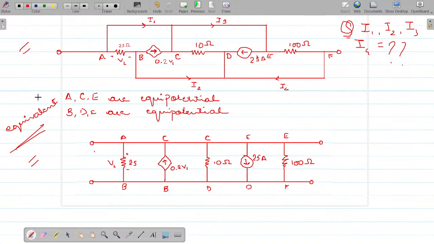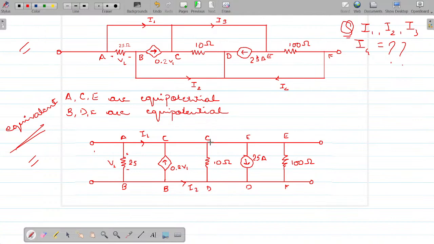Now, what is asked by the question? I1, I2, I3 and I4. What is I1? I1 is the current between A and C. Can I mark this one to be I1? What is I2? The current between B and D is I2. Direction this way. So can I write this to be I2?